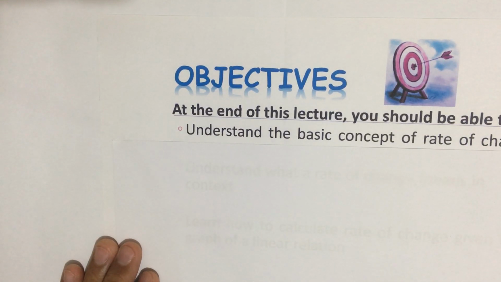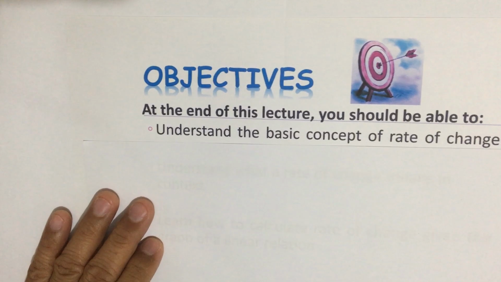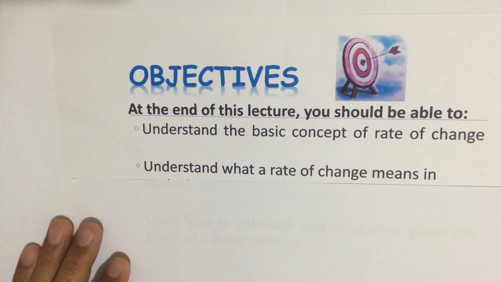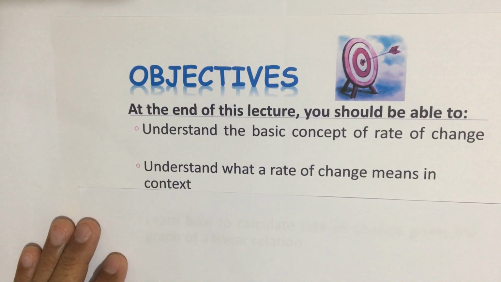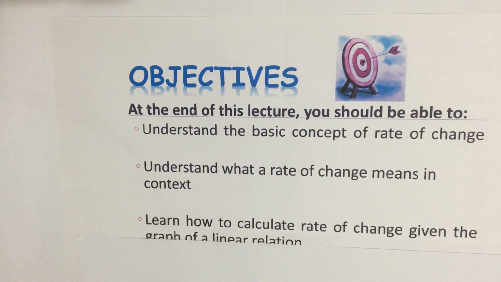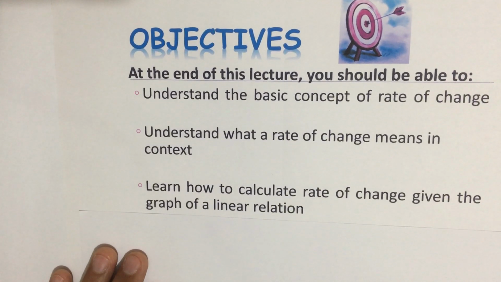At the end of this lecture class, you should be able to understand the basic concept of rate of change. The second one is to understand what a rate of change means in context. And the third one is how to calculate rate of change given the graph of a linear relation.